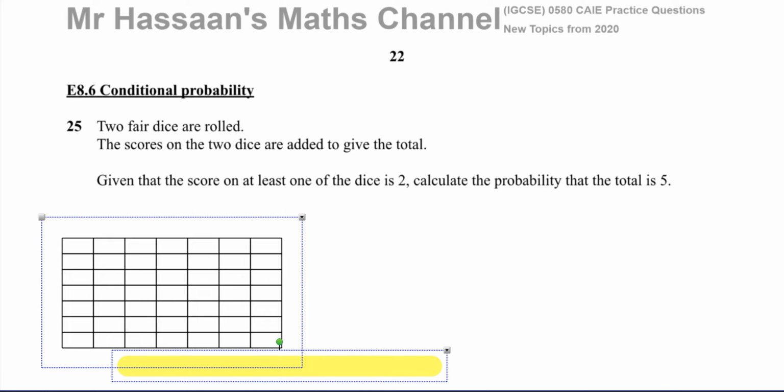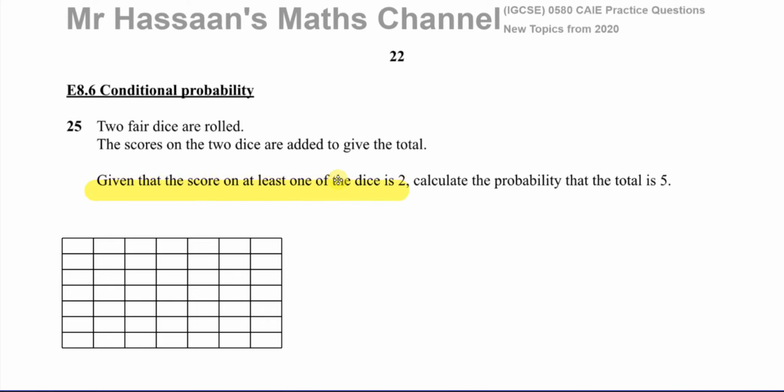Here I'm going to put all the different possibilities for the dice. This is the first dice, which can be 1, 2, 3, 4, 5, and 6, and same for the second dice, 1, 2, 3, 4, 5, and 6.